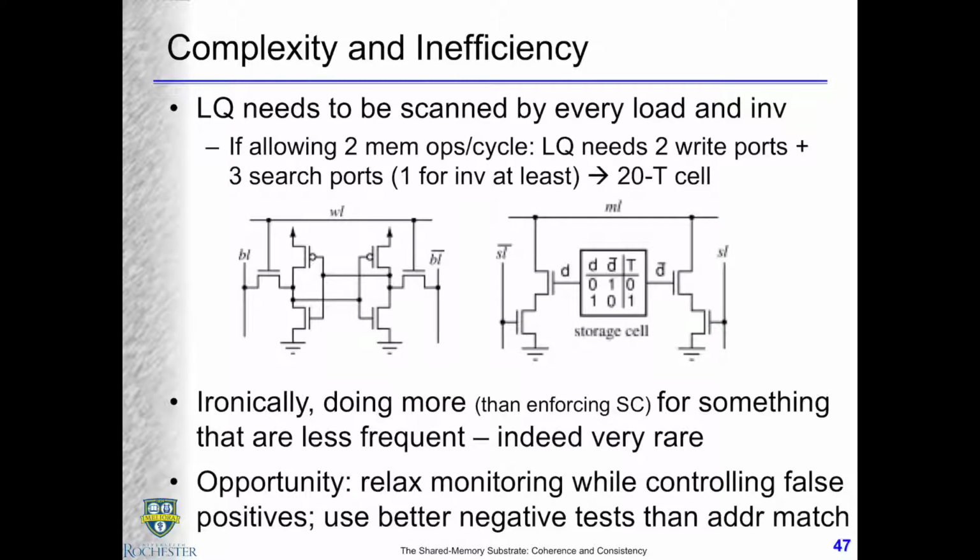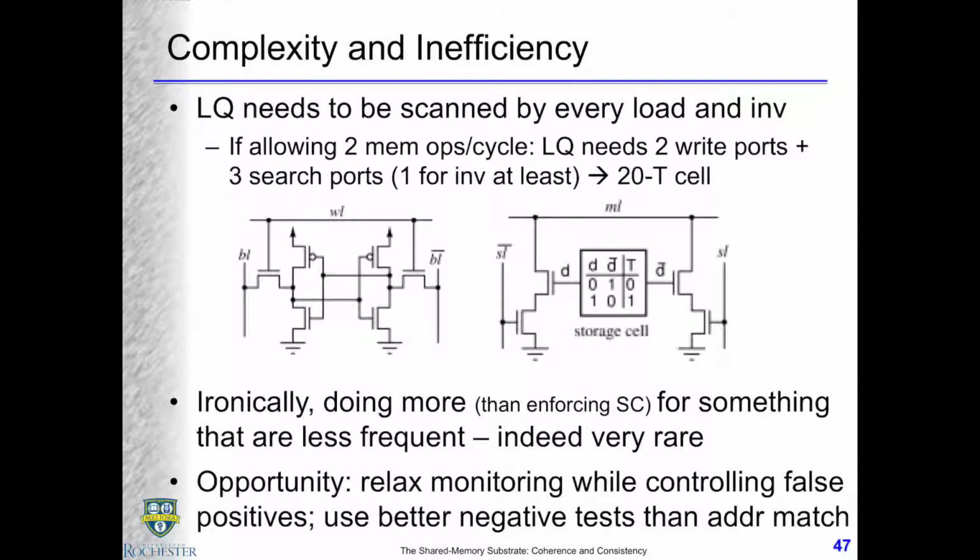And if you're trying to do a more relaxed consistency model, the LQ-based design, if you are really trying to be more relaxed, is in fact more difficult to implement. Again, because you're trying to catch a more complicated case. It has to satisfy multiple conditions, and therefore catching that condition takes more circuit monitoring.